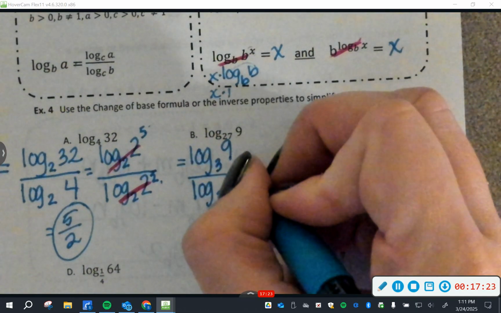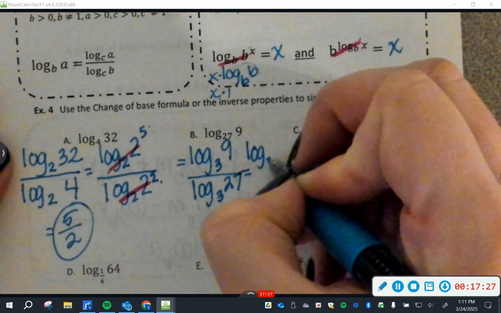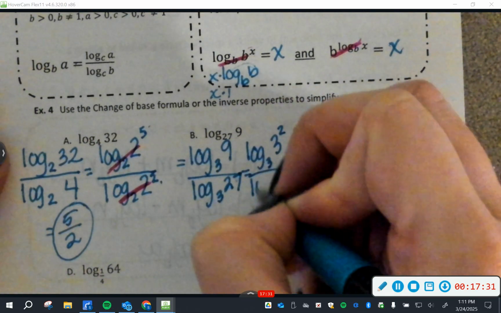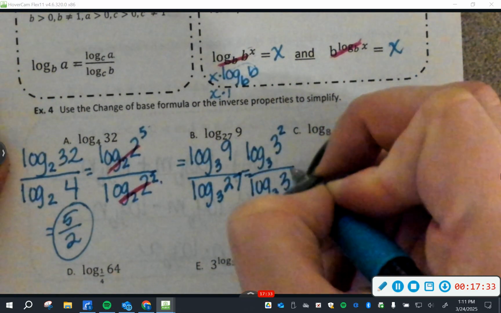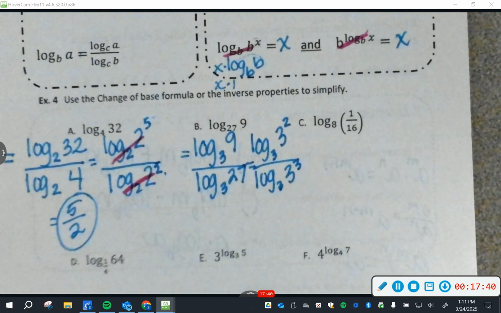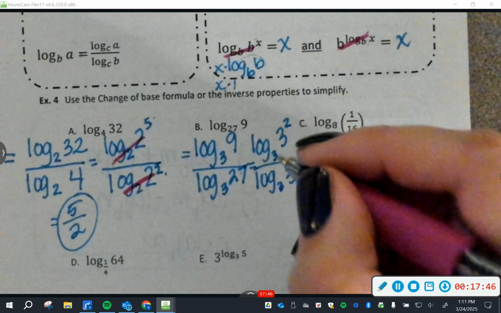Okay, now I'm going to rewrite 9 and 27 as powers of 3. So log base 3 of 3 squared over log base 3 of 3 cubed. We got all the levels of 3. Now I have my inverse property, right?